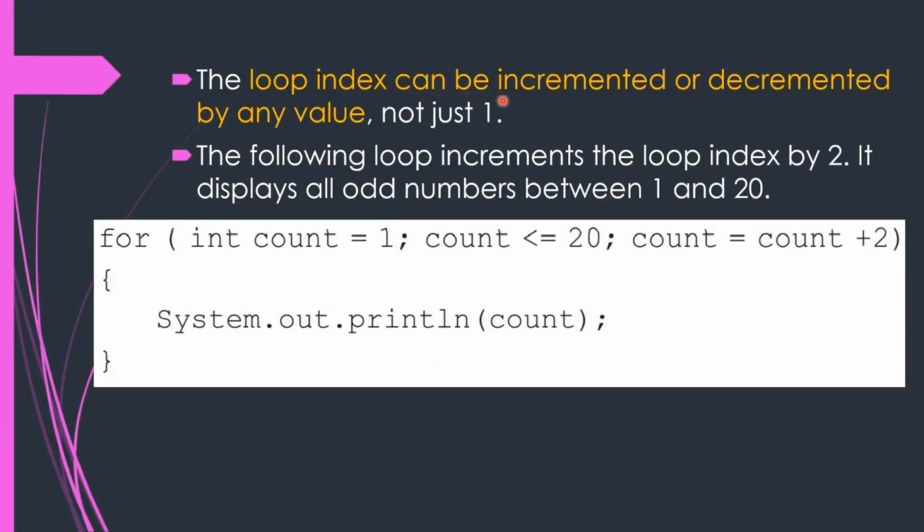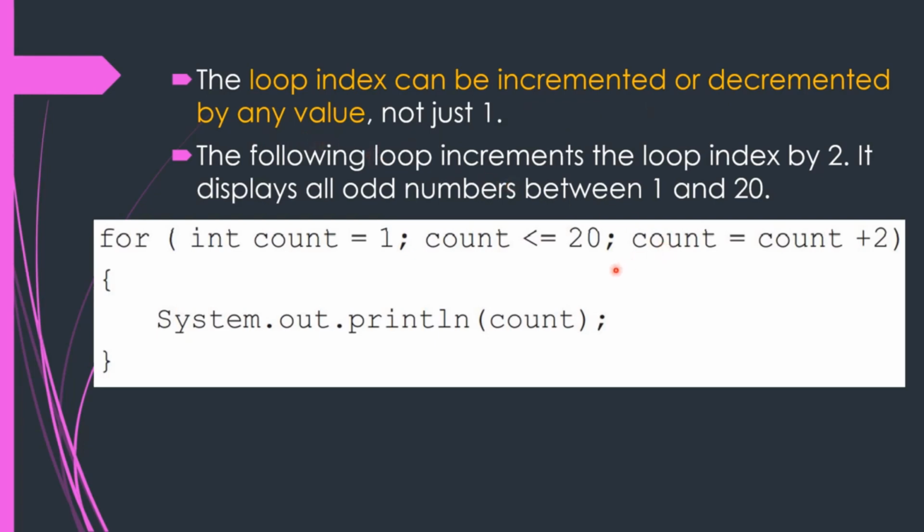The loop index can be incremented or decremented by any value, not just 1. Means since now we were only taking plus plus number or number is equal to number minus 1, like these we were taking. But it is not always necessary that we are incrementing or decrementing the value only by 1. It is not compulsory.